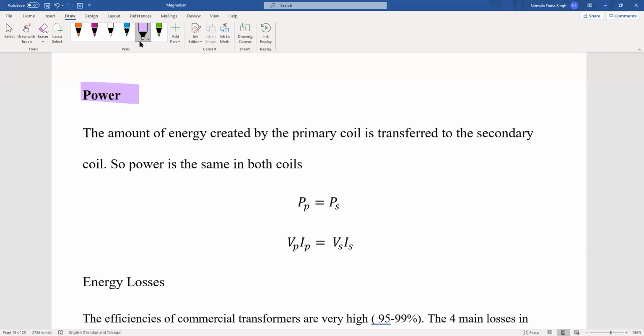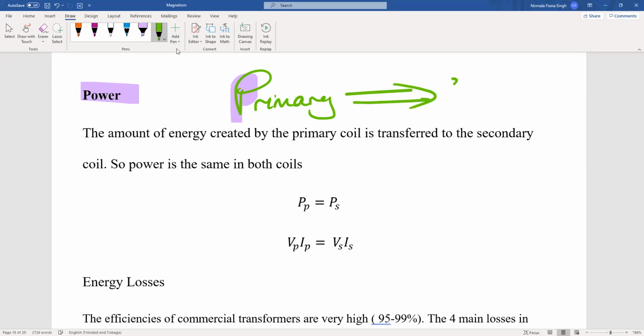Whatever power you have in your primary coil, because it has power being supplied to it, nearly all of it goes to the secondary coil, nearly all. We'll see how much nearly means. Because it's nearly the same value, we can take it to be equal. If I have 1 and 0.999, they're basically the same value.